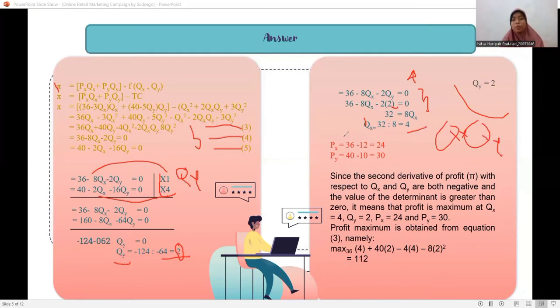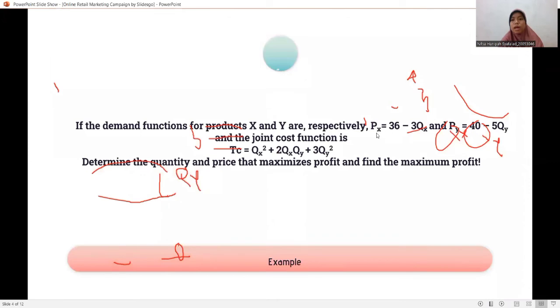From where do we get the price X? Okay, the equation is Px equals 36 minus 3Qx.